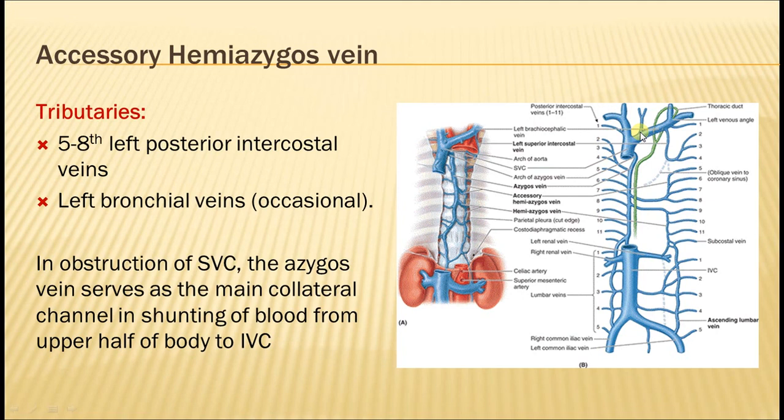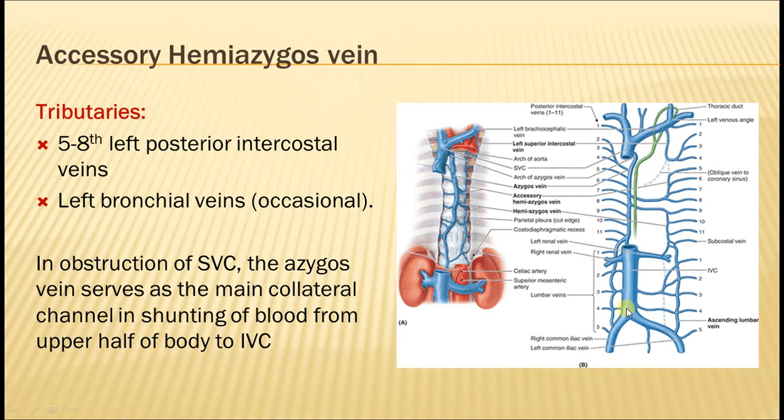So what happens is the anterior intercostal veins anastomose with the posterior intercostal veins. So they reach the posterior intercostal veins, and through them they reach the azygos vein, and from there they reach the inferior vena cava, and through the inferior vena cava blood is drained into the right atrium. So through the internal thoracic and anterior intercostal veins they anastomose with the posterior intercostal veins, and naturally reach the azygos vein, through which they reach the inferior vena cava.